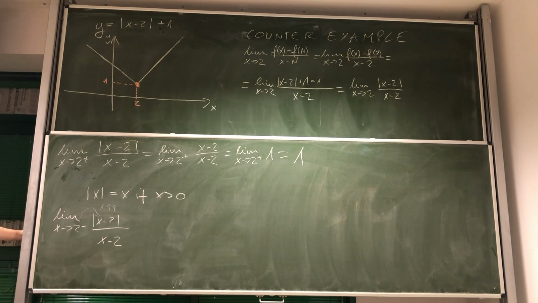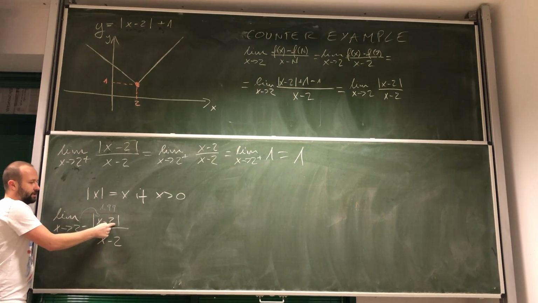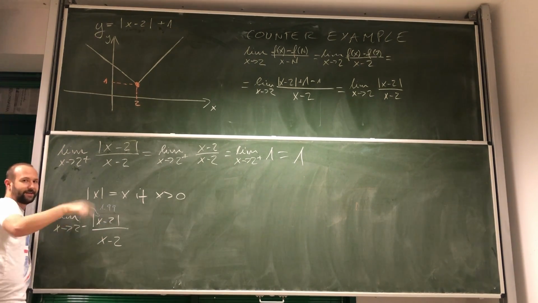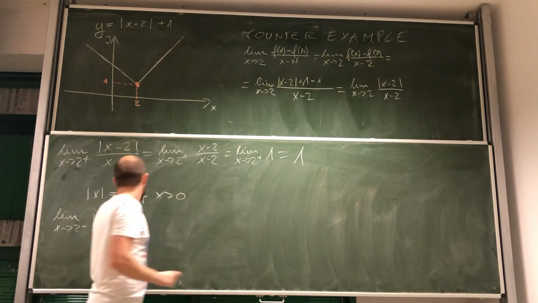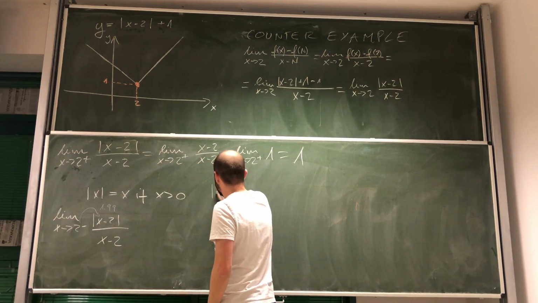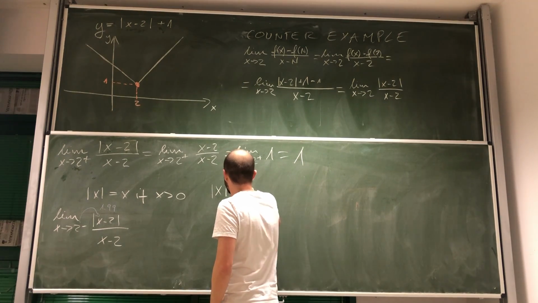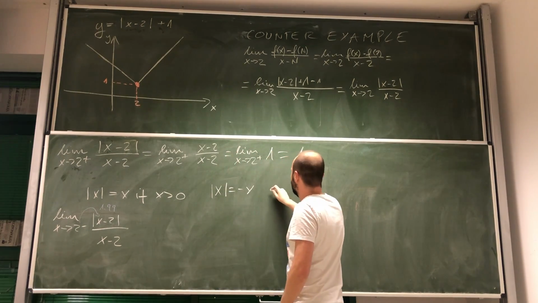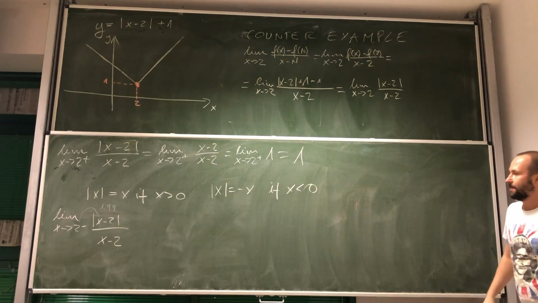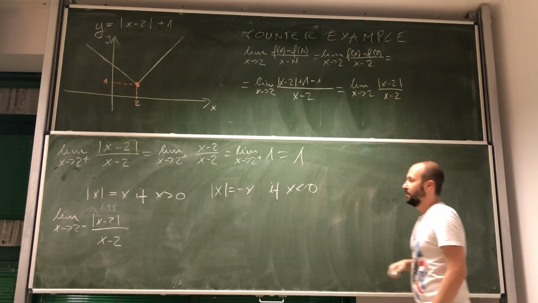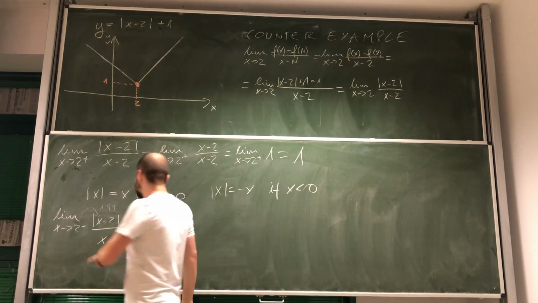So this is a number that is smaller than 2. So if I subtract 2 from it, I will get a negative number. And the absolute value of x is equal to negative x if x is lower than 0. So what should I do?